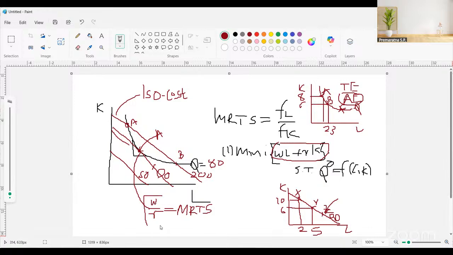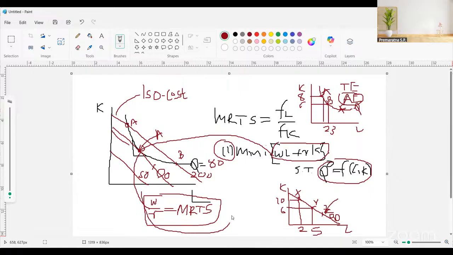Now you can see this is the optimal condition. Again, in this way producers try to minimize cost. Given an amount of output, they reach the economically efficient point A. There these conditions are satisfied. So there the optimization happens.